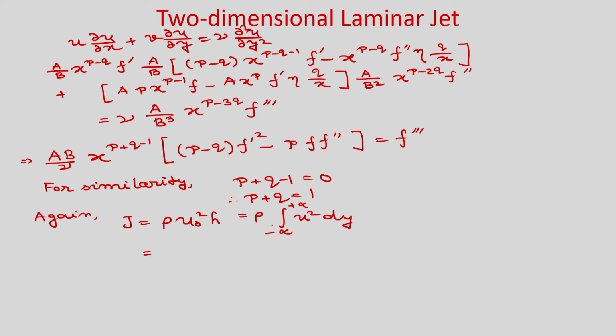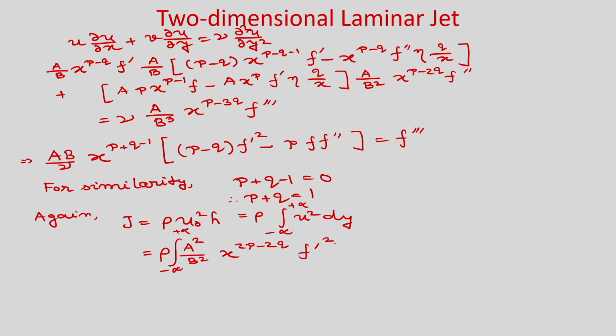So, j is equal to, we can write u square, u we know this is, minus infinity to plus infinity a square by b square x to the power twice p minus twice q f prime square dy.